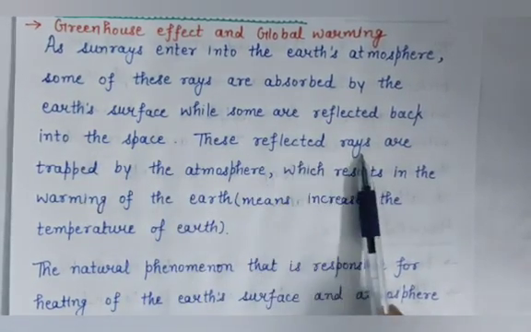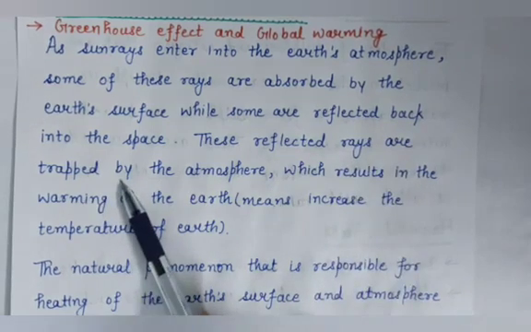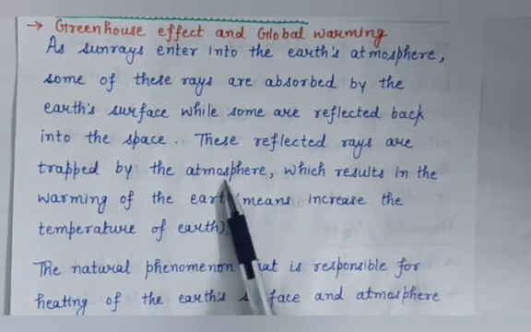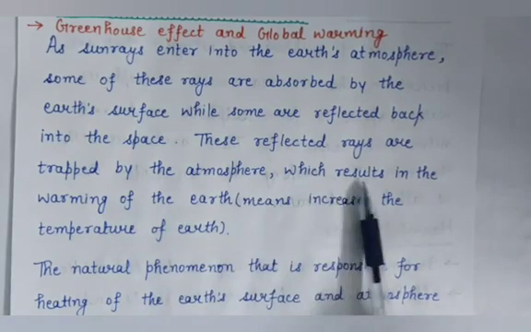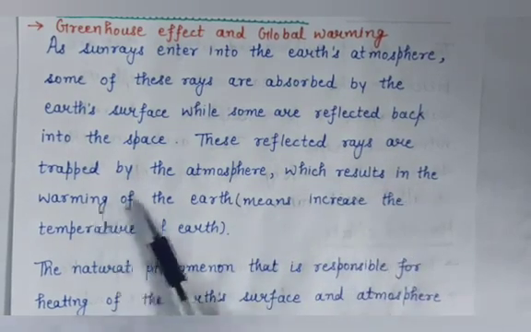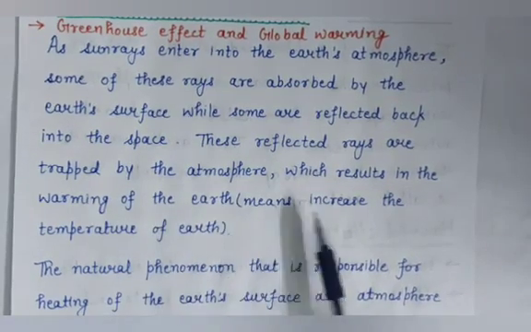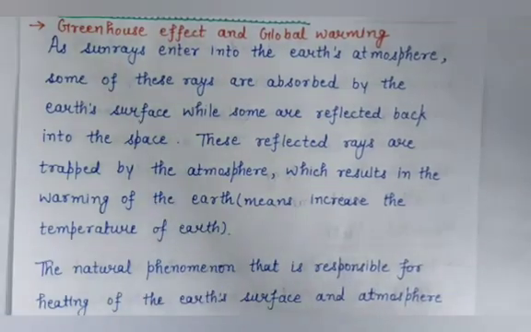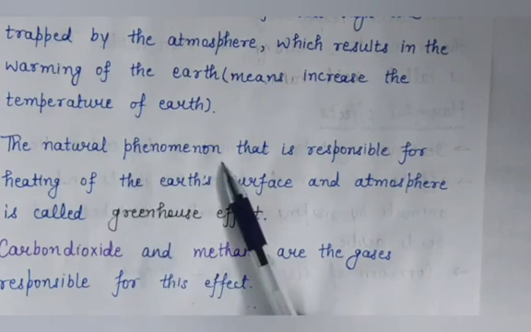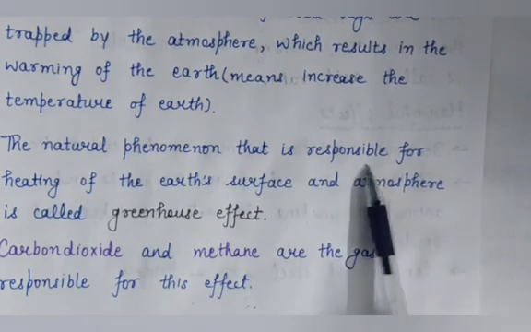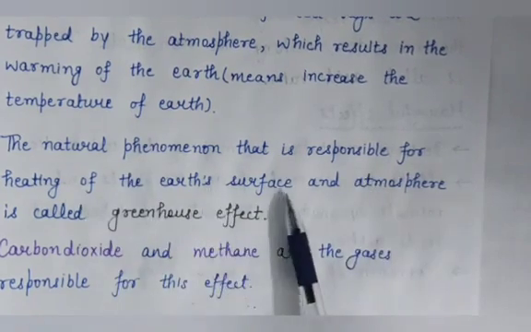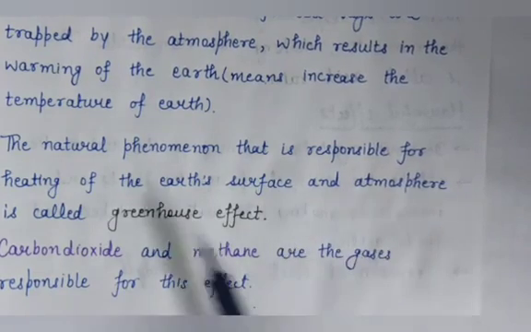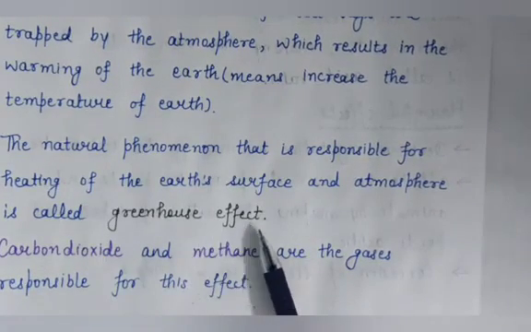And these reflected rays are trapped by the gases which are present in the atmosphere, which results in the warming of earth. Means increase in the temperature of earth. And the natural phenomenon that is responsible for the heating of earth's surface and atmosphere is called greenhouse effect.